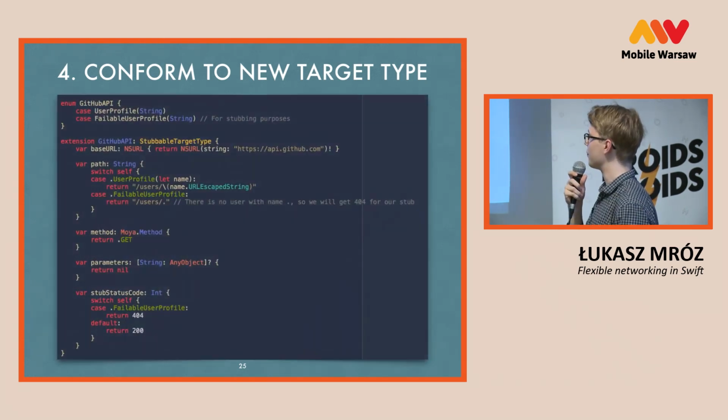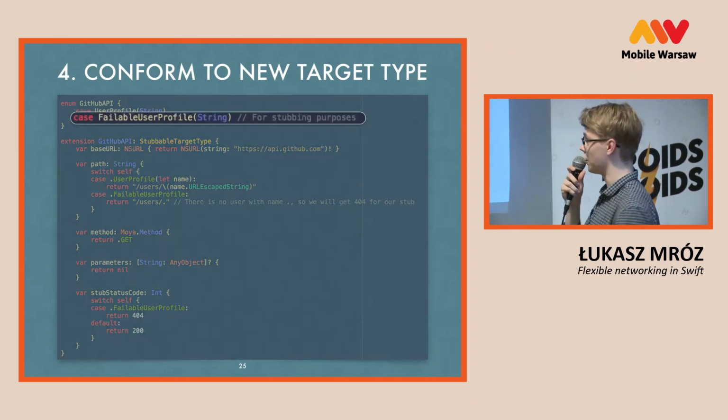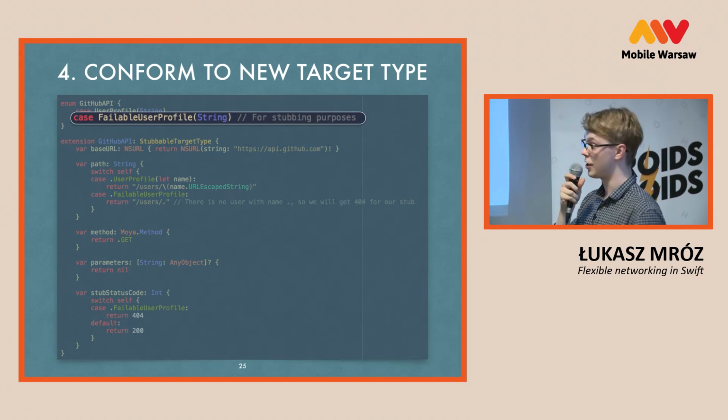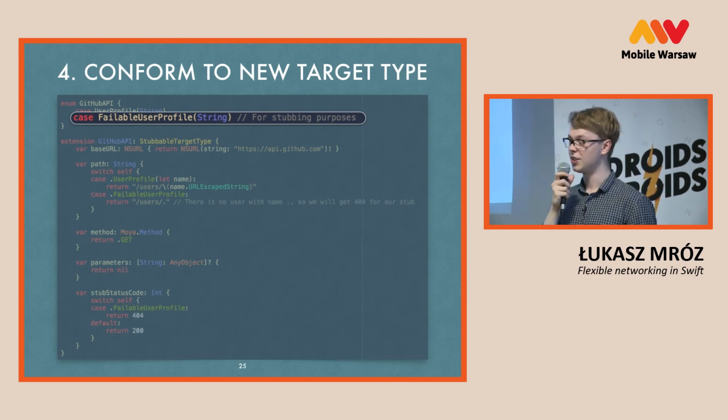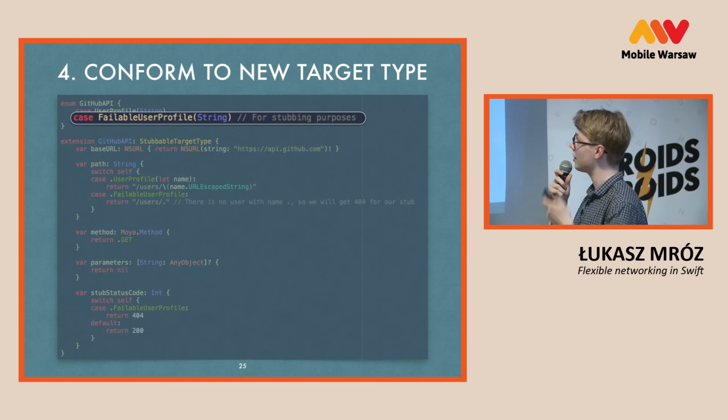So we've managed to do this target type, but we have to also implement it into our GitHub API. So before we had GitHub API with only user profile, but also we have a failable user profile. So I was talking about getting error responses. So this is the case when we set the status code for this case as an error one, so it can fail.